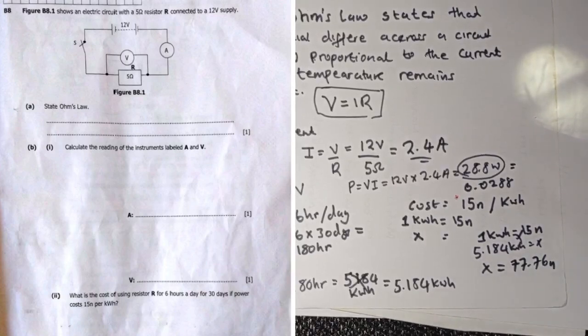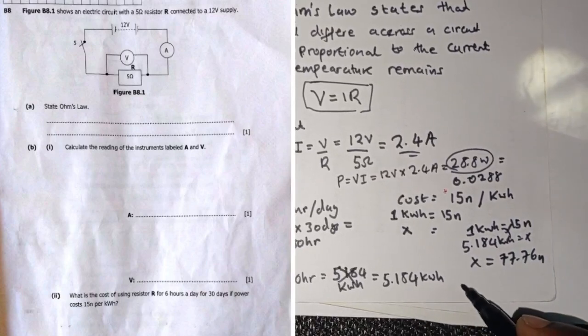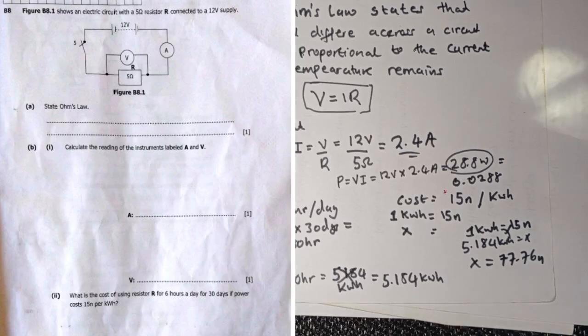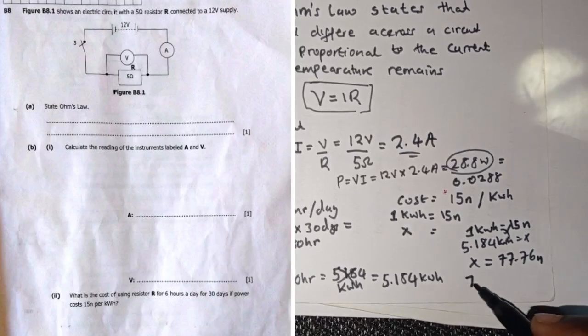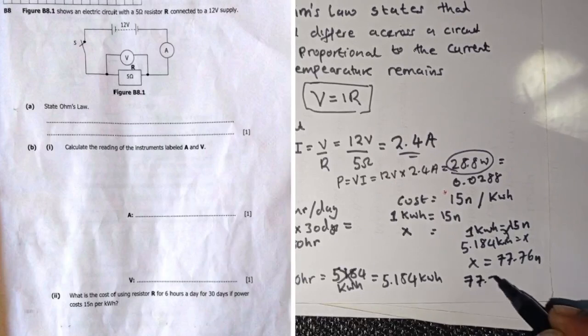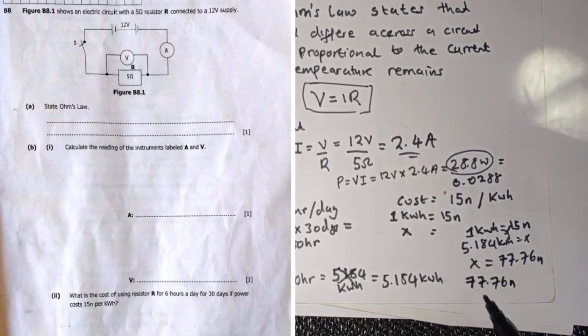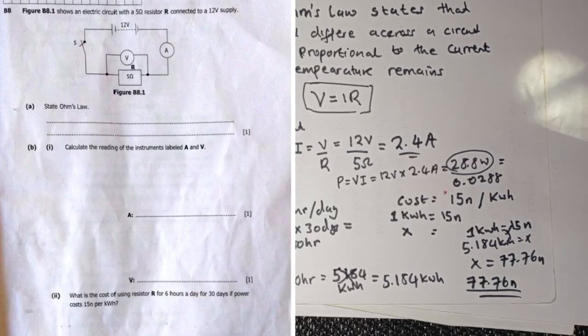So the cost of operating this 6 hours per day is actually 77.76. That's what we are given in the question. You can go through the question as many times as you like. This was question B8.